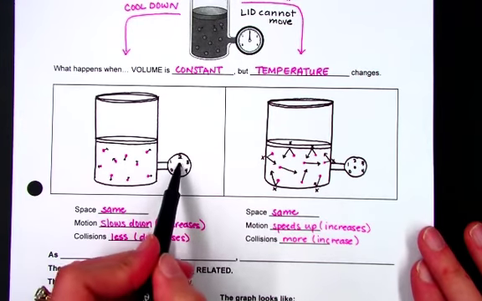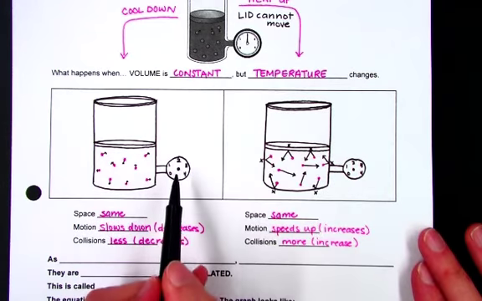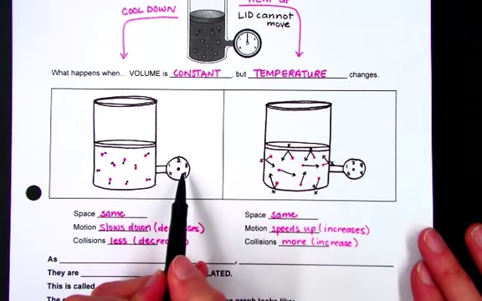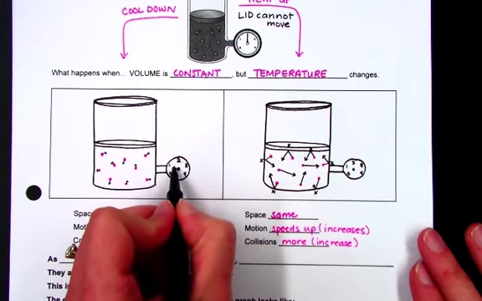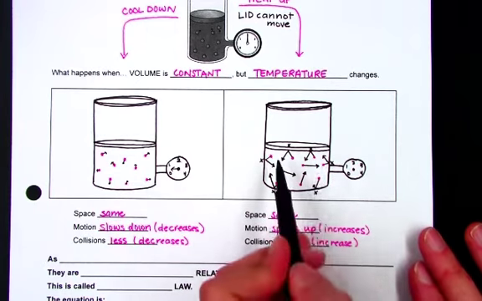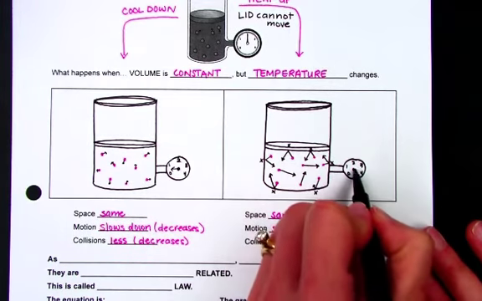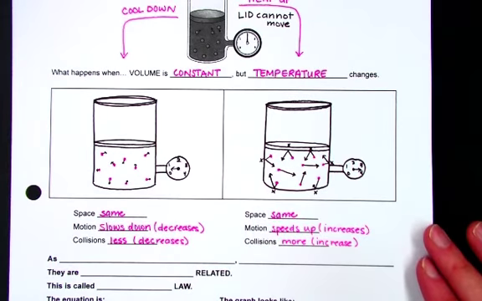Is this going to be more or less than the 2 that's up here? This pressure, am I going to measure it to be higher or lower? I'm going to measure it to be lower, absolutely. Less collisions, lower. More collisions means higher pressure, so I'm going to point it higher, maybe between 3 and 4. Good.